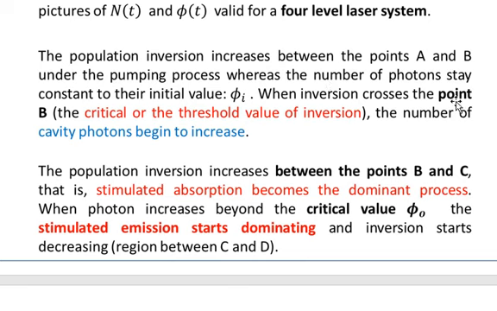When the inversion crosses the point B, which is the critical or the threshold value of inversion, due to the pumping process, the number of cavity photons begins to increase.